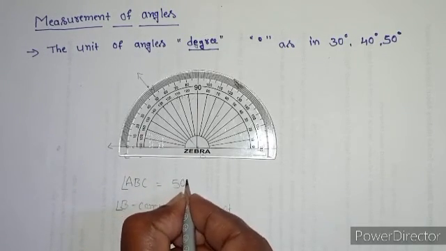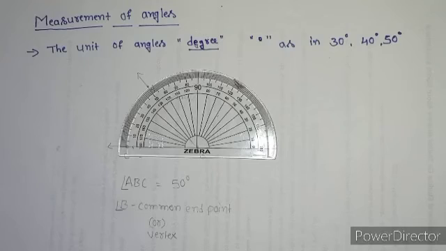So, to measure an angle, first we need to place the center point of the protractor on the vertex of the angle. Next we adjust the protractor in such a way that the baseline coincides with the arm.